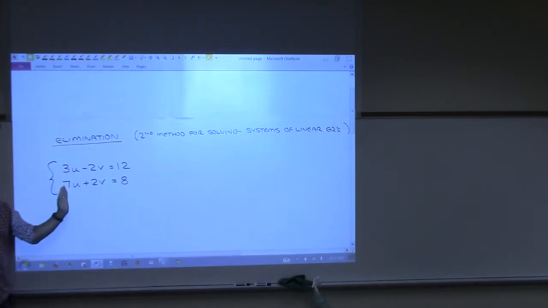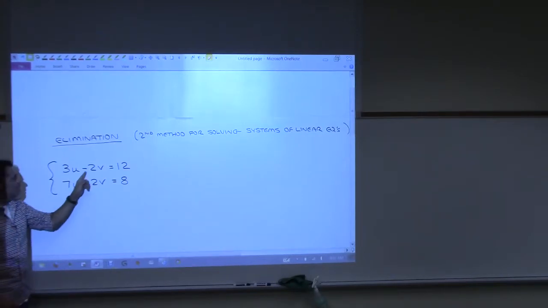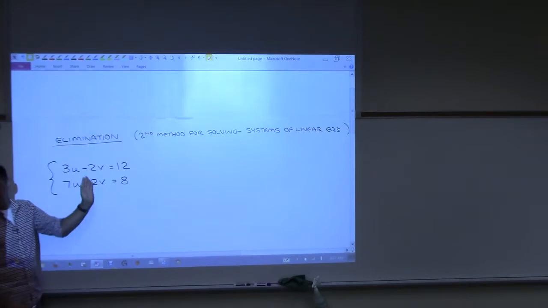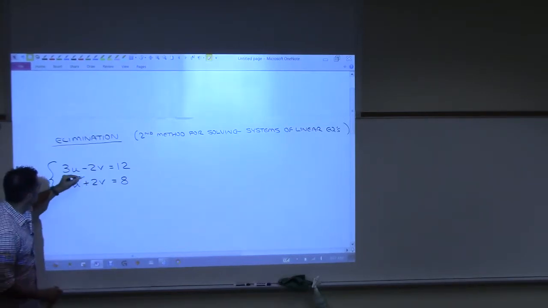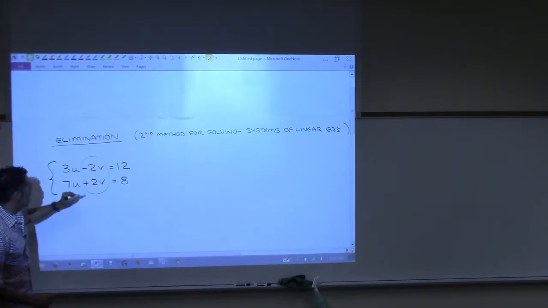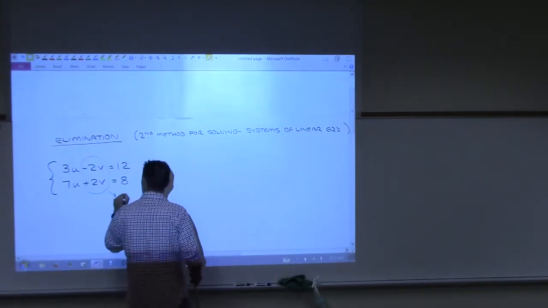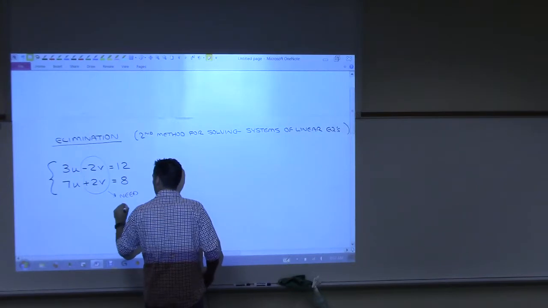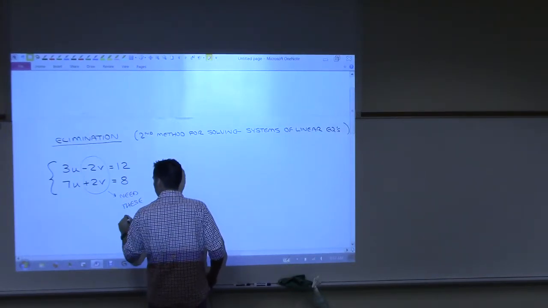No. Now look at the v's. I have -2v and +2v. These are opposites of each other, and that's what we want. It's not always going to be that one of them is opposite, but in this first example, they are. I'm looking for these variables to be opposites.